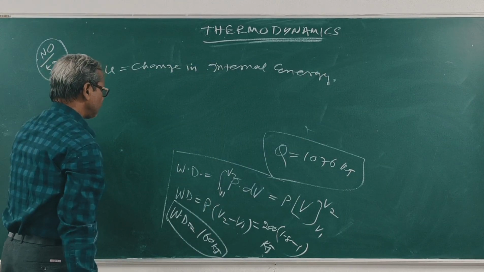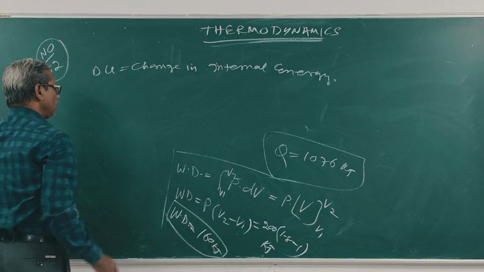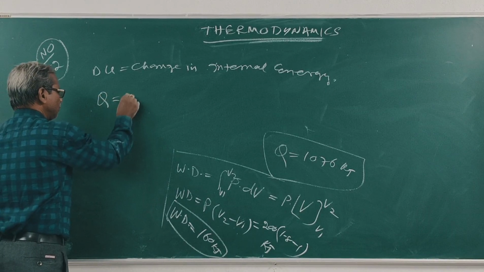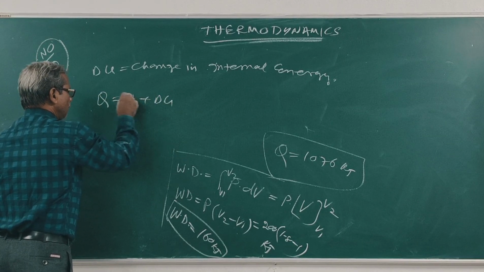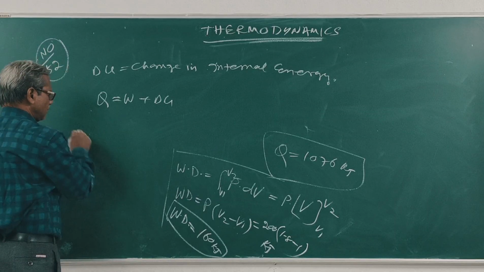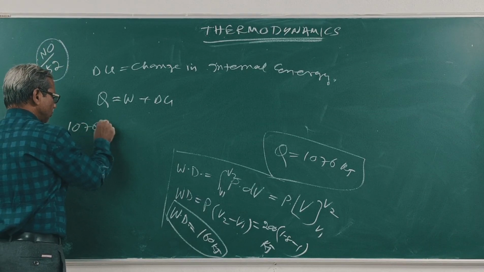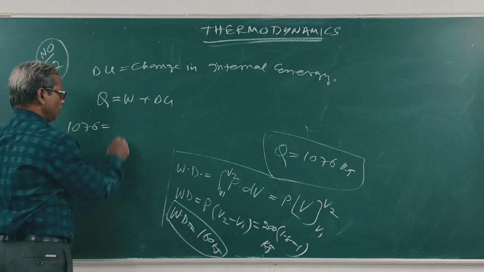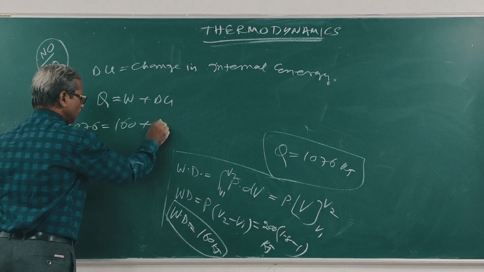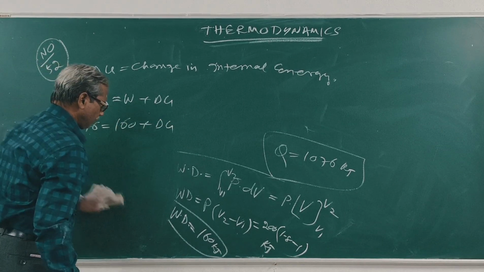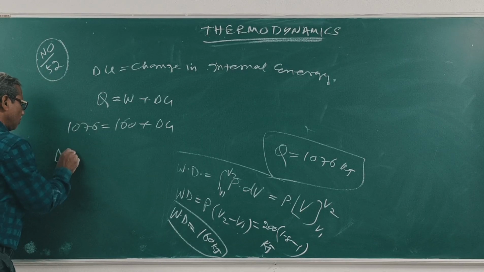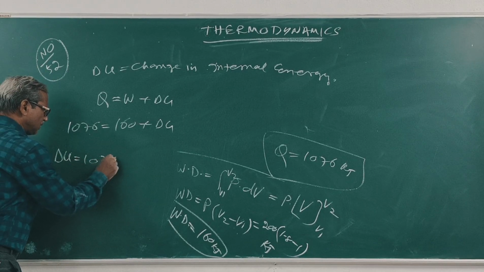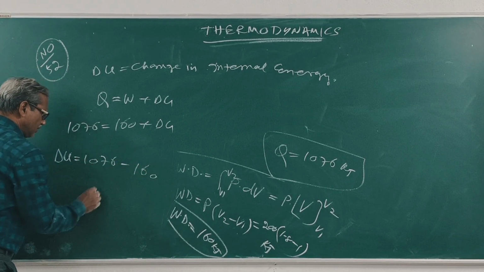Now, Q is equal to W plus del U. So 1076 is equal to 160 plus del U. This implies del U is equal to 1076 minus 160. This is kilojoule.